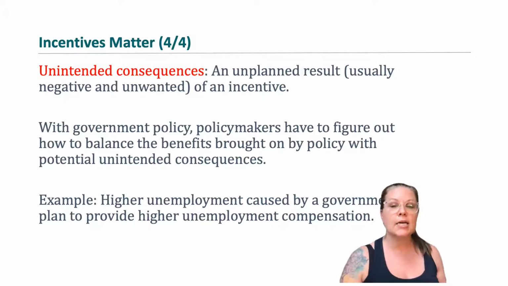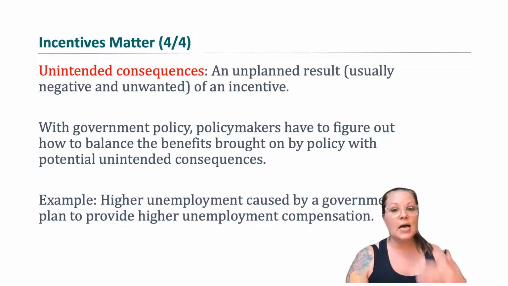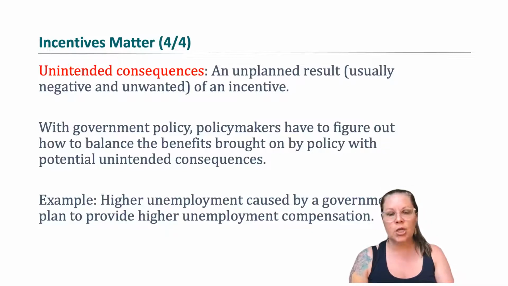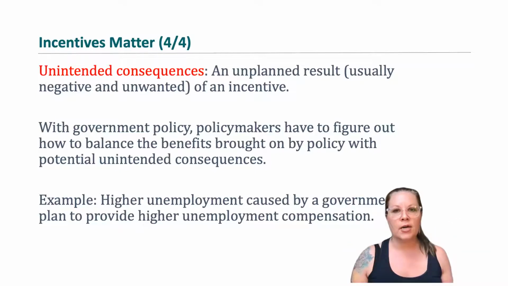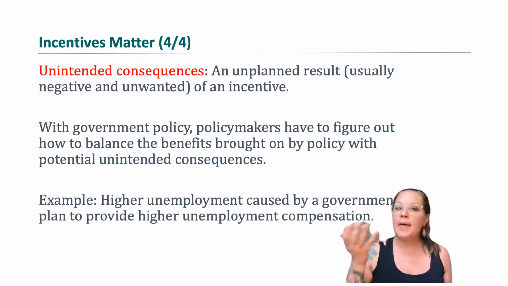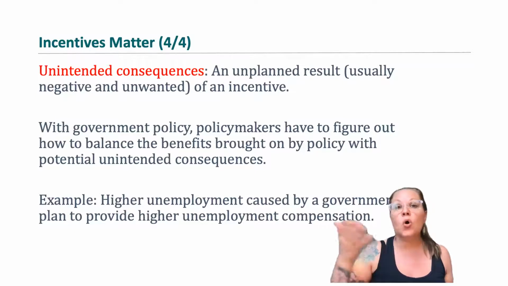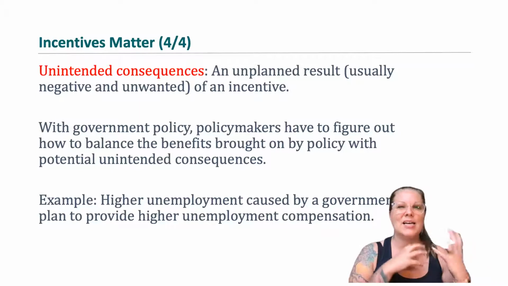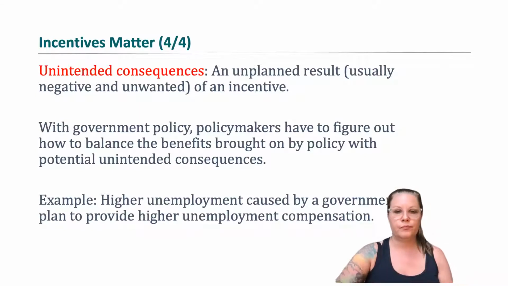However, an unintended consequence of this is that because the unemployment compensation is higher, we may see individuals staying on unemployment longer than they otherwise would, which leads to higher unemployment statistics, an unintended consequence. And so we have to balance out which is bigger, the benefit of the incentive, the goal that we were trying to reach, or the consequence that is not very favorable.